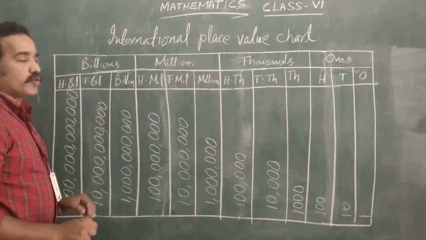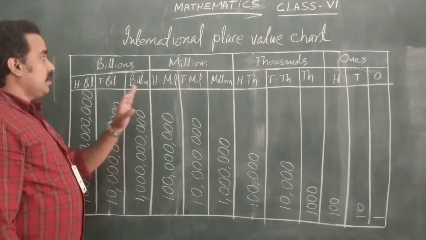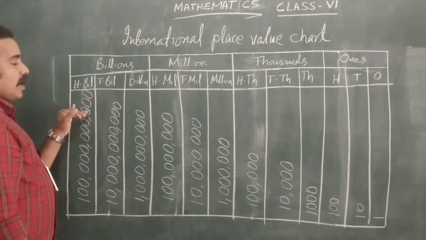Then after millions group, comes billions group. Billion, 10 billion, and 100 billion.